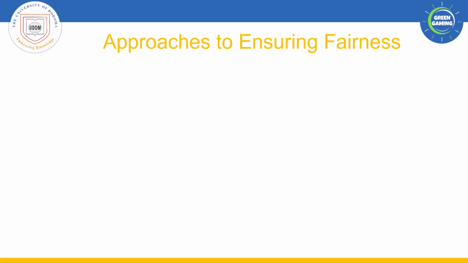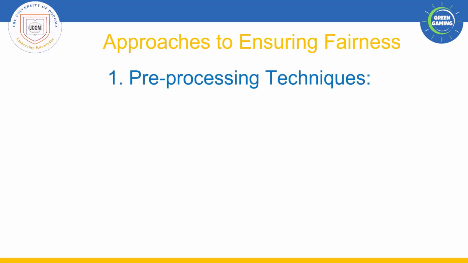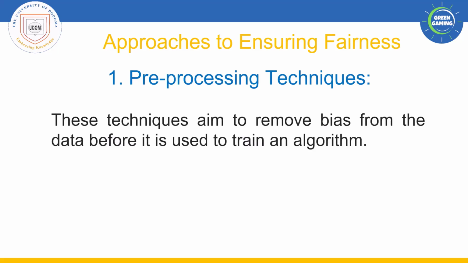Okay, so let's see approaches to ensure fairness. We can ensure fairness using various techniques, like pre-processing techniques. Pre-processing techniques aim to remove bias from data before it is used to train an algorithm.